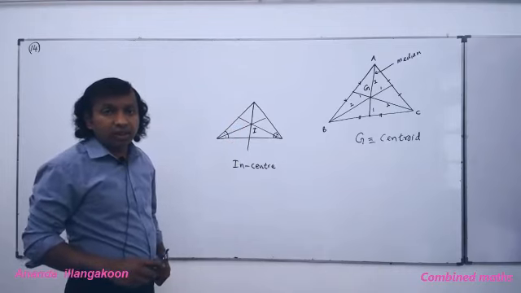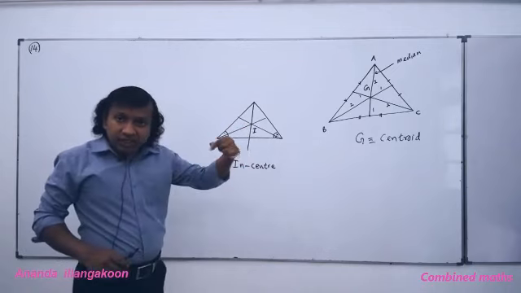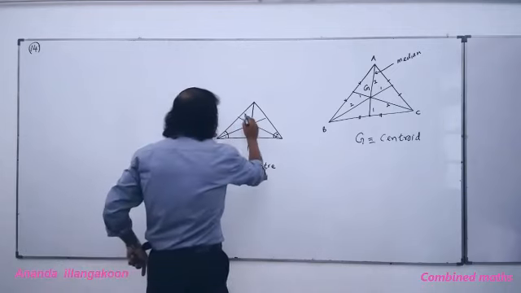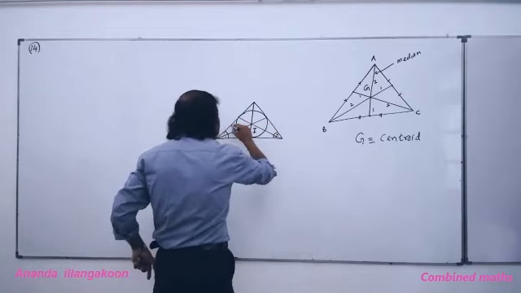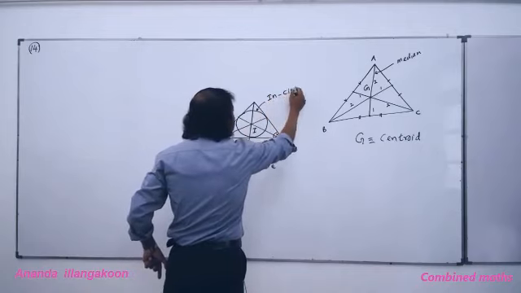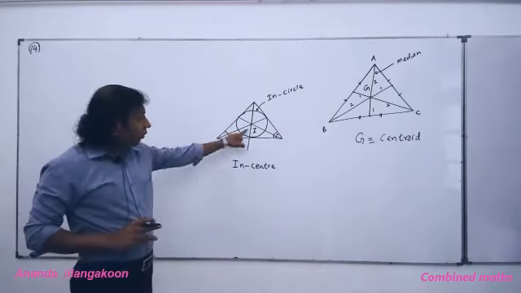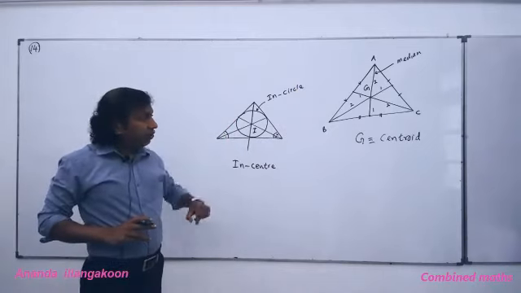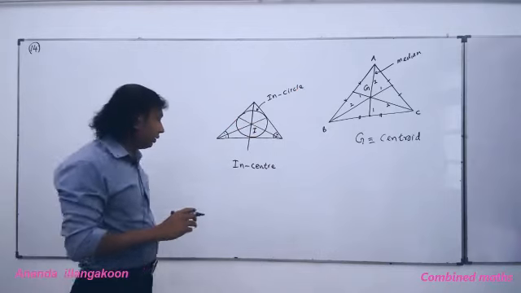That circle will touch all three sides internally, and the circle is going to be like this. This circle is called the incircle. So that is another point, called the incenter. Another center is there.